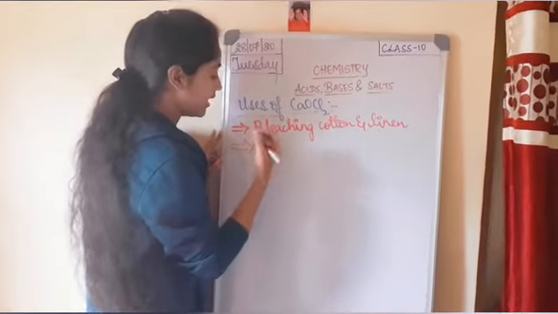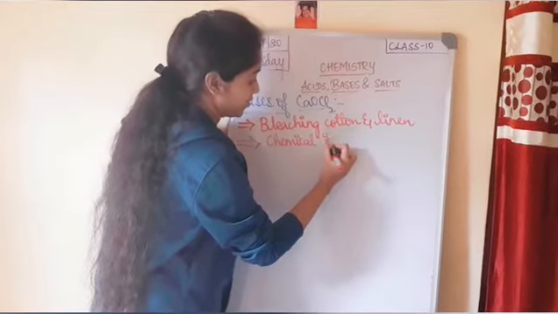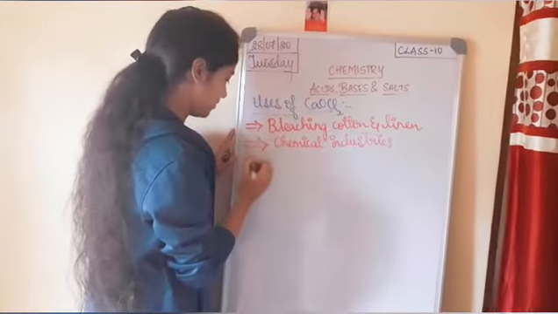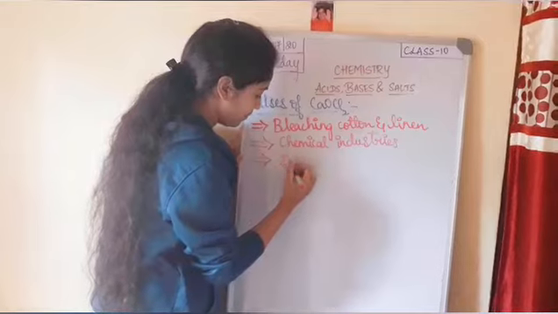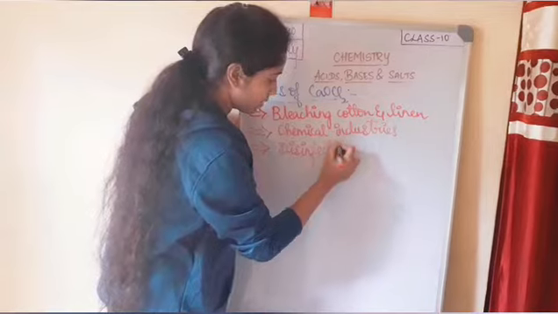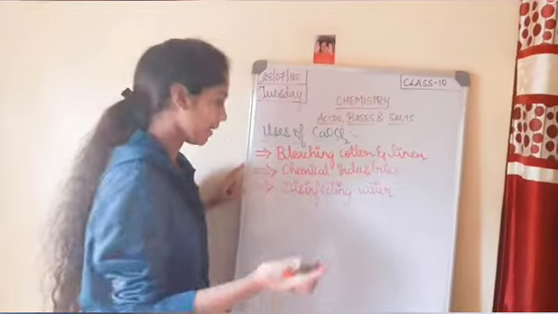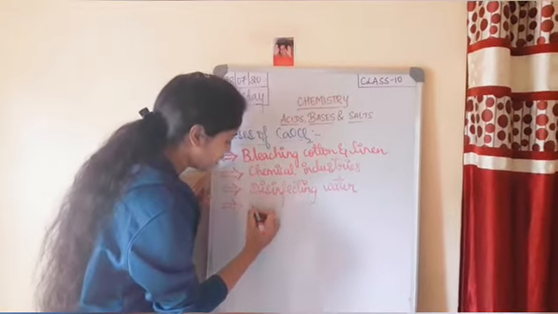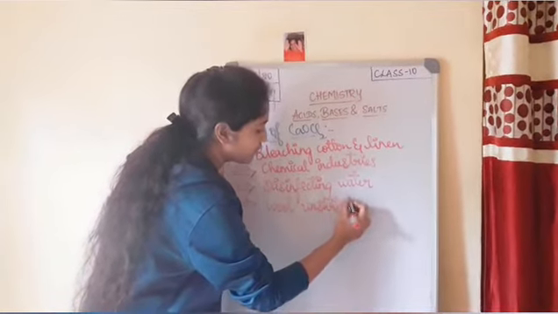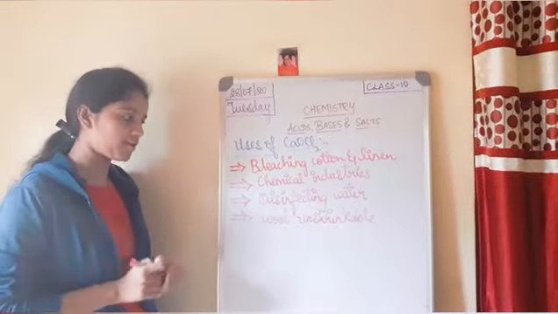It is used in many chemical industries as an oxidizing agent, and it is also used for disinfecting drinking water and making it free of germs or microorganisms. It makes wool unshrinkable. Now these are the uses of calcium oxychloride.